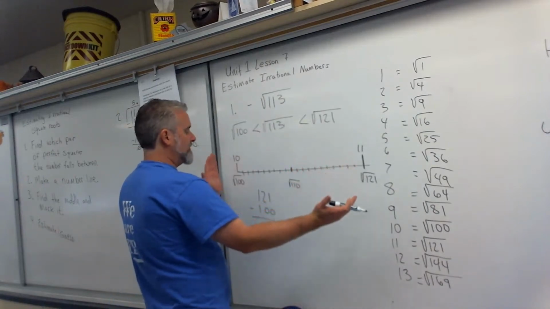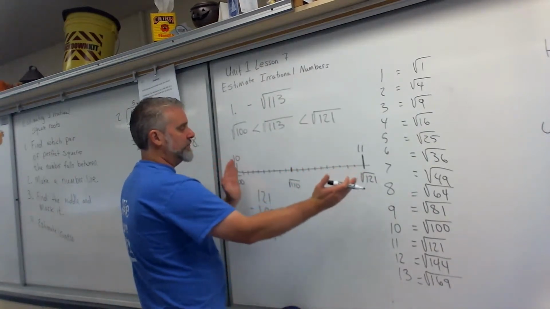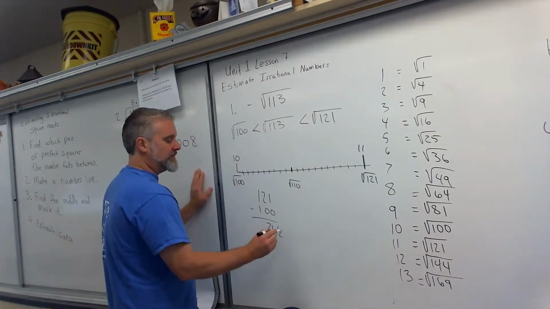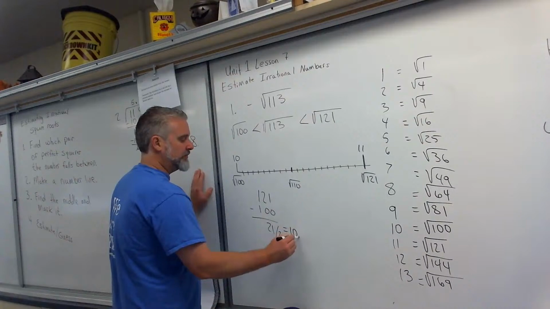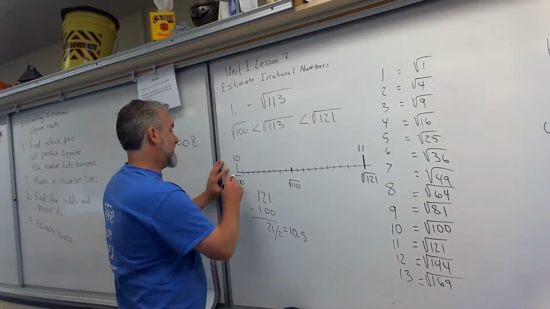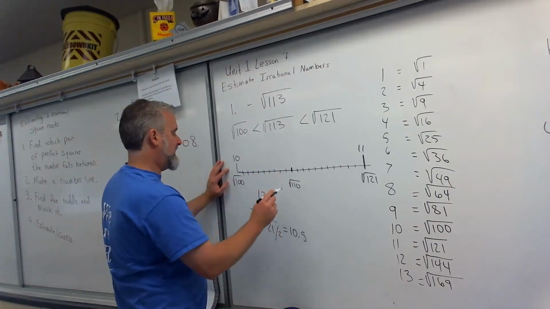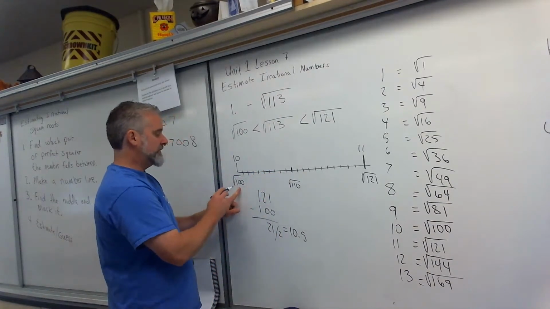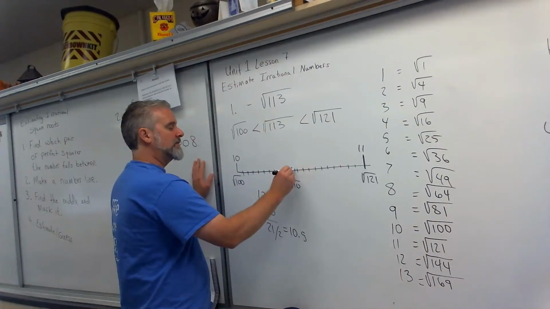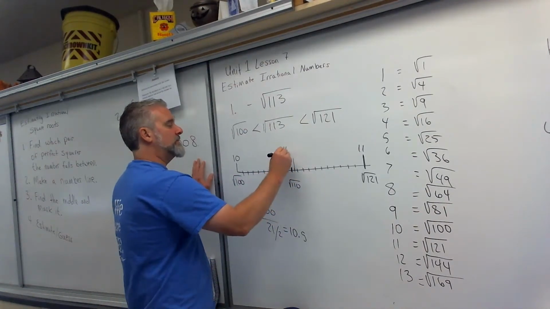So 21 divided by 2 is 10.5. So next, I'm going to count on over 10.5 from 100. So 100 plus 10.5 is 110.5. So right here, that's going to be my estimate for 10.5.